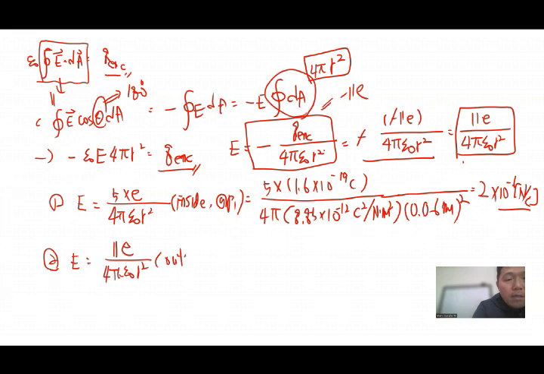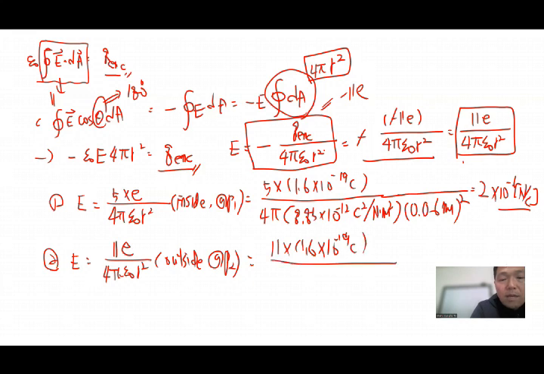Plug in 11 times 1.6 times 10 to the minus 19 coulombs, divided by 4 pi times 8.85 times 10 to the minus 12 coulomb squared per newton per meter squared, divided by 0.12 meters squared, since point 2 is 12 centimeters from the center of the sphere.